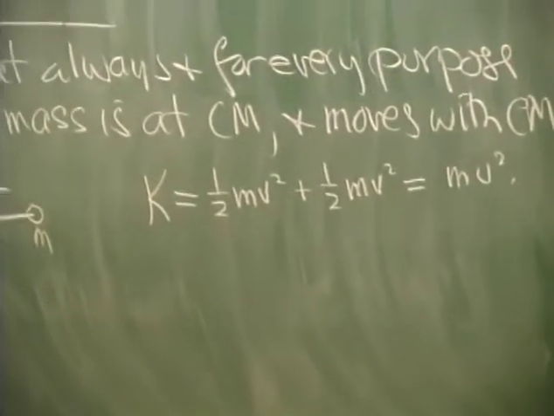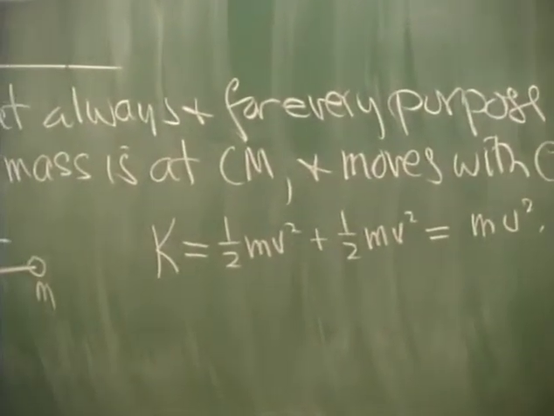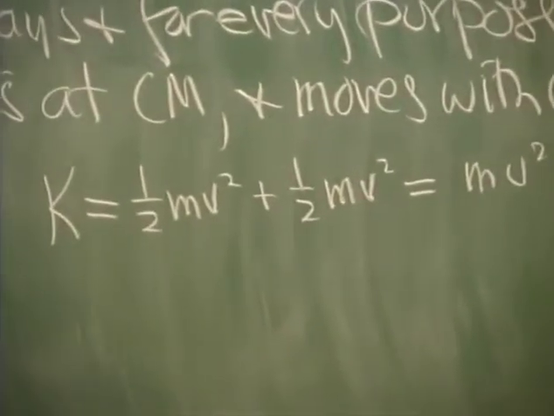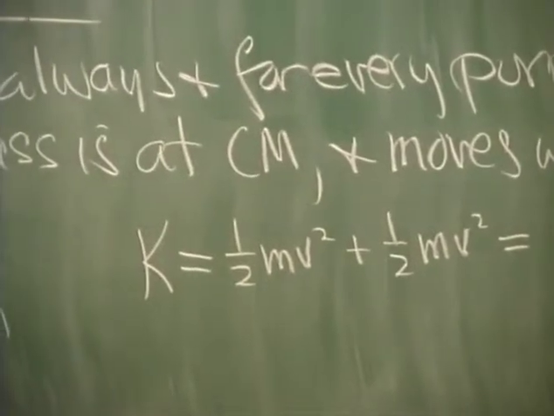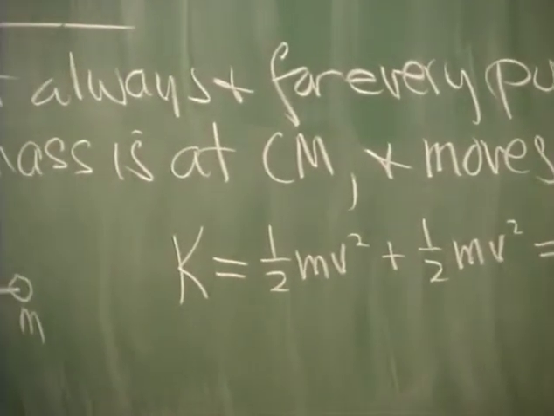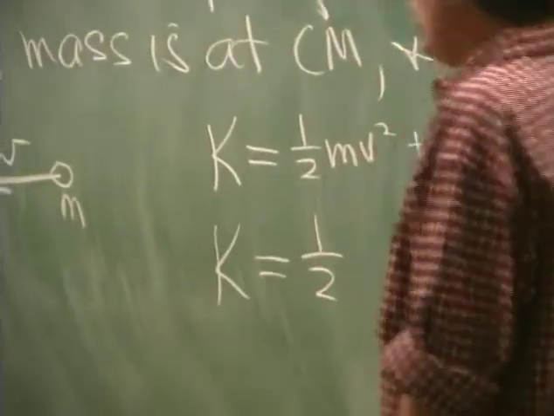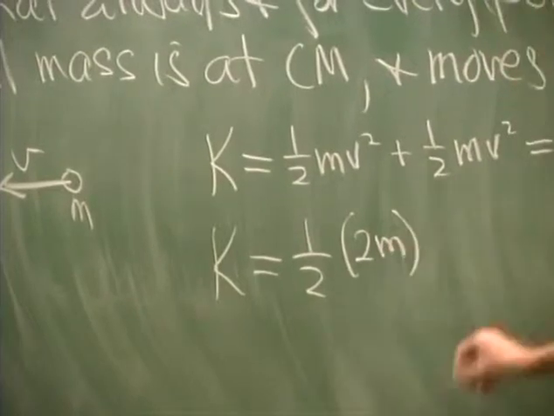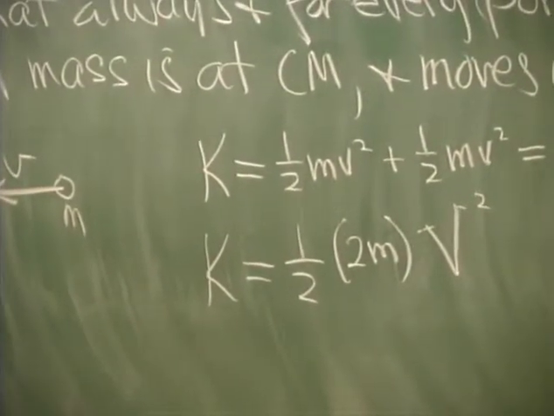Unambiguous. But suppose that you were naively saying, well, to calculate momentum or to calculate force, let's say also to calculate kinetic energy, I just pretend that all the mass is concentrated at the center of mass. What would you have got then? You would have said K is equal to 1/2 the total mass, 2m, times the velocity squared of the center of mass.